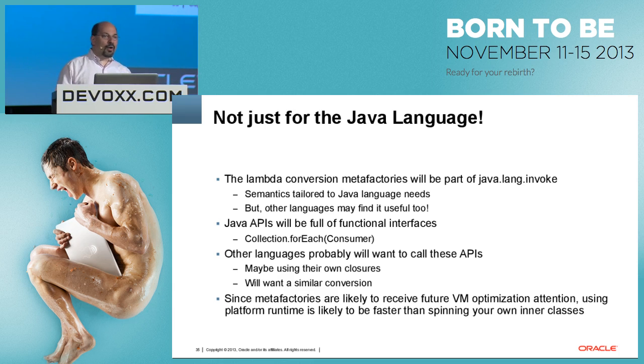And if we continue to improve the performance going forward, those other languages will automatically get the benefit of performance improvements in this API. We expect that other languages are going to want to use this anyway, because even if Groovy closures look different from Java closures, you're likely in your Groovy code to be calling Java class libraries, like collection methods, and you're going to want a way of instantiating instances of these functional interfaces. They might as well use the same code path the Java compiler does, because then they get all the benefit of our optimization.